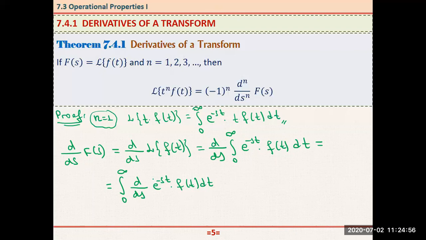Here we have s, that is a function of s. So if I differentiate this with respect to s, that is minus s. So here we have the integral from 0 to positive infinity of minus s times e to the power minus st times f of t dt.